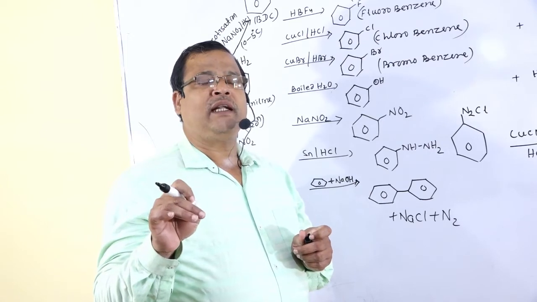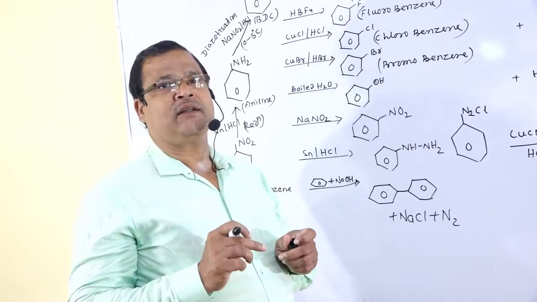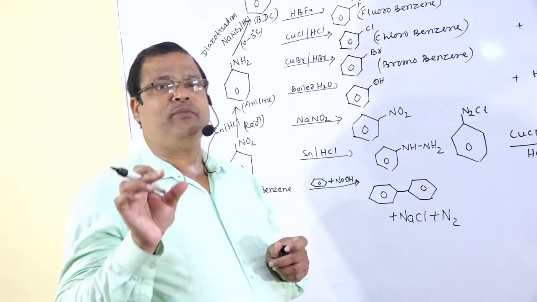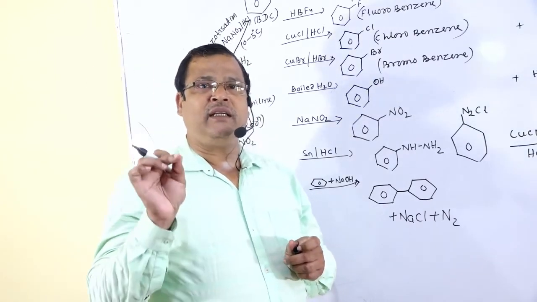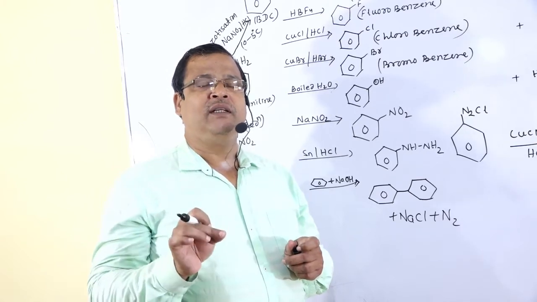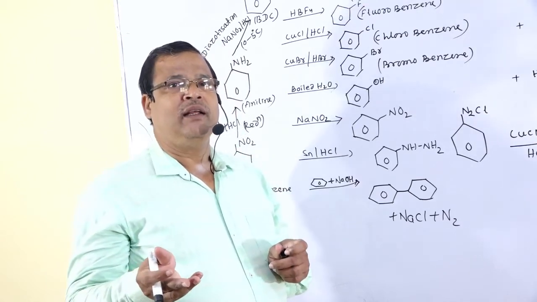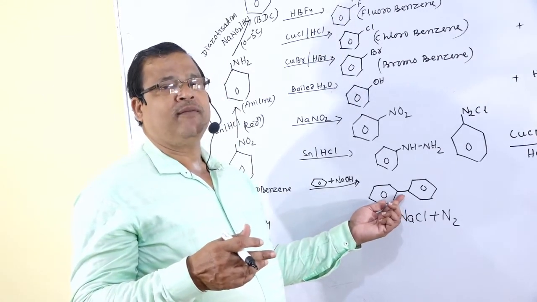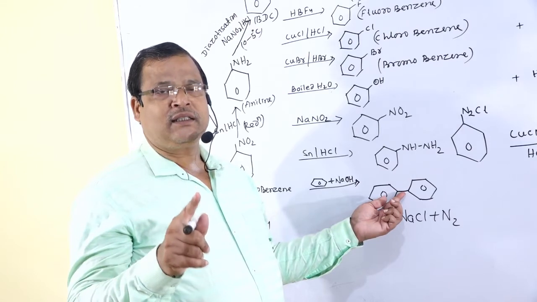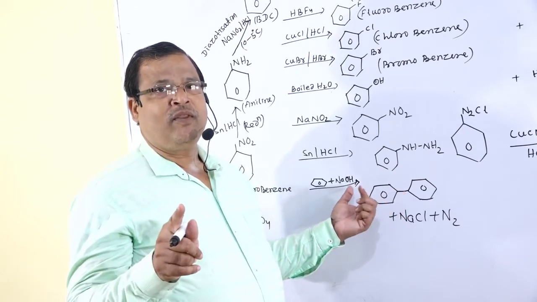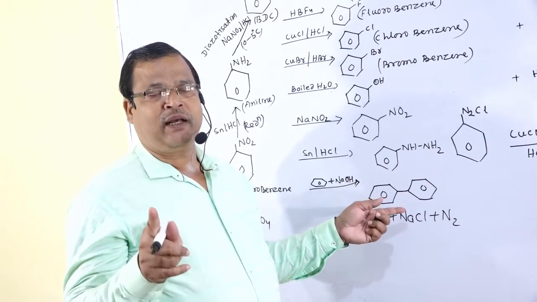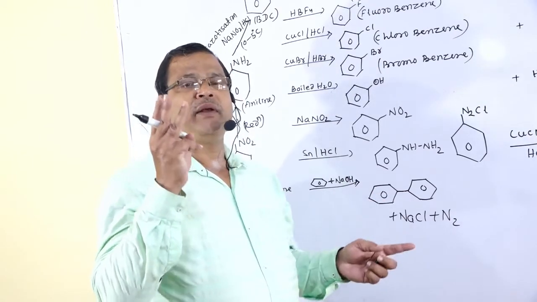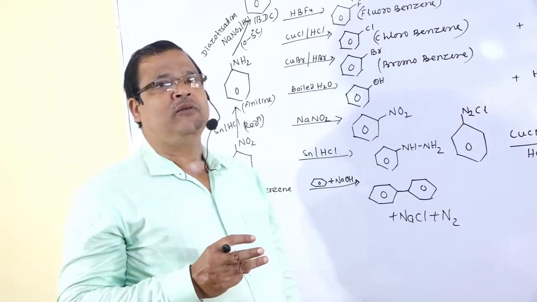Another method is the Fittig reaction, chlorobenzene or bromobenzene treated with metallic sodium in dry ether, giving biphenyl. And another method is BDC treated with benzene in presence of alkali, NaOH, to form biphenyl. So these are 3 methods for the preparation of biphenyl.